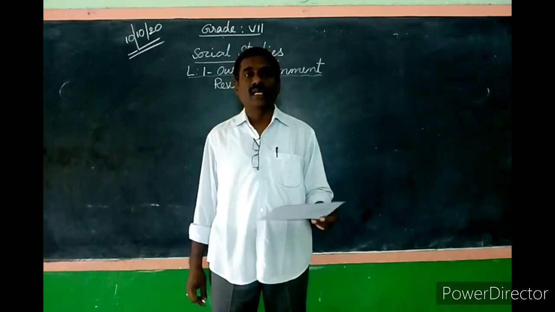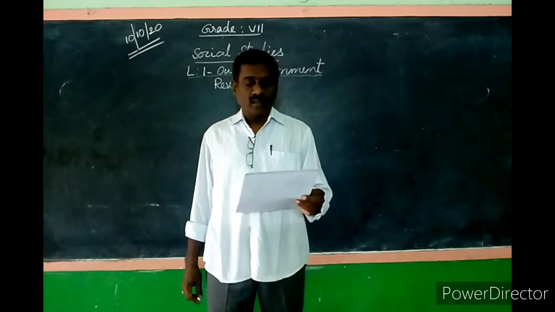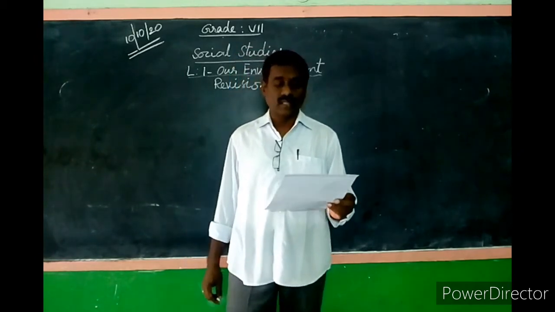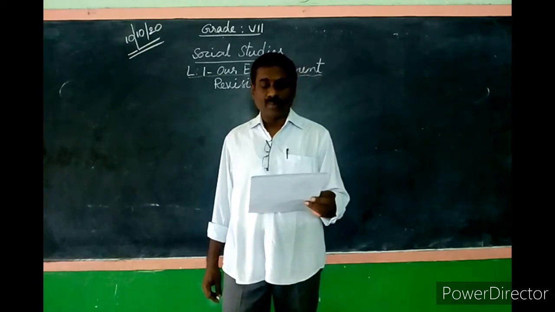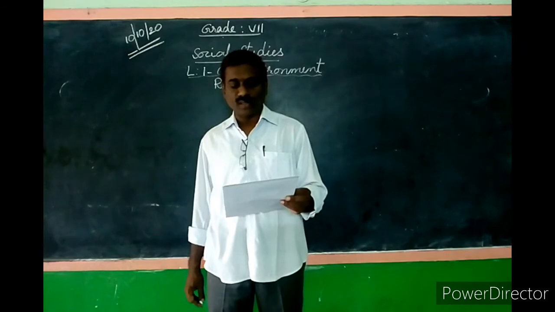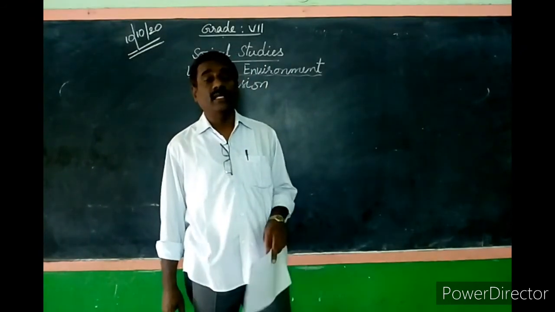And the second one is lithosphere. Lithosphere, or the outermost layer of the earth, which includes the crust and upper part of the mantle, is called lithosphere. It is made up of rocks and minerals. Okay, outermost layer of the earth.